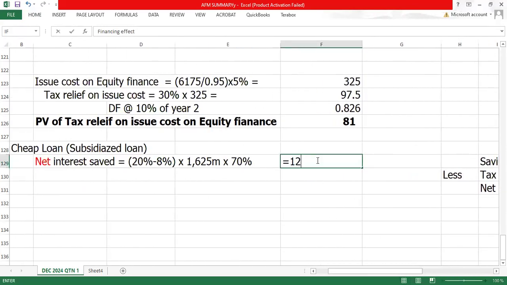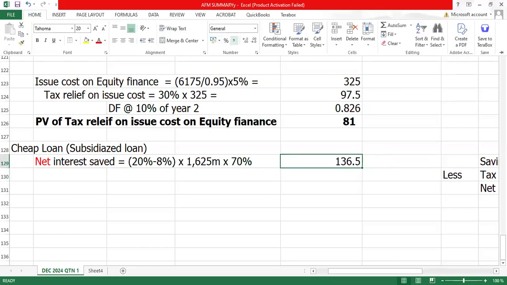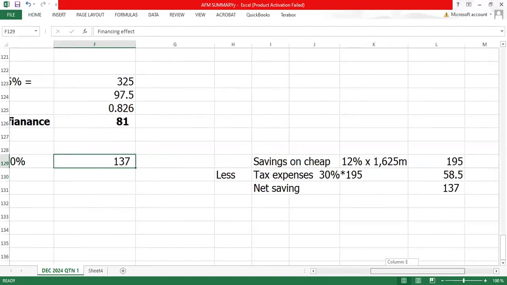But I can get this directly. So here it's 12%, 20% minus 8%, then times 1625 times 70%. So all of you get the same. Is it the same?